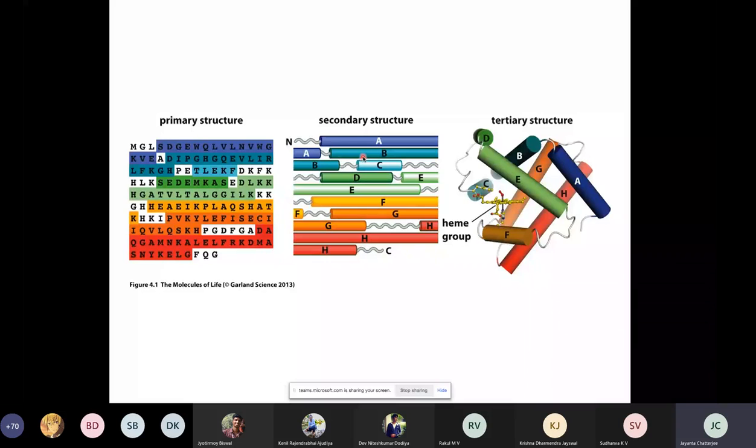They're very similar in structure anyway. So these cylinders are basically cartoon representations of alpha helices. We'll spend a little bit of time on the architecture of alpha helix in some time. So these are called secondary structures.